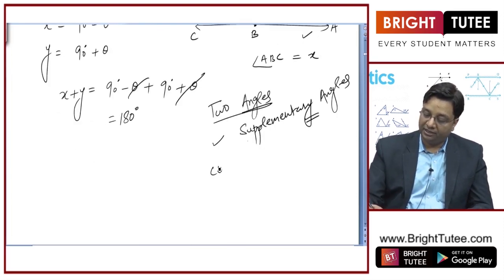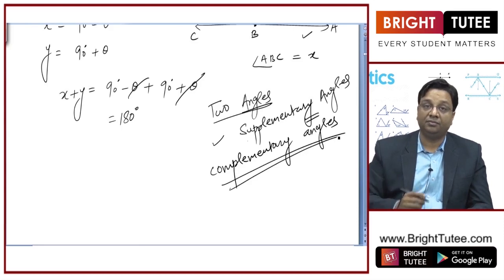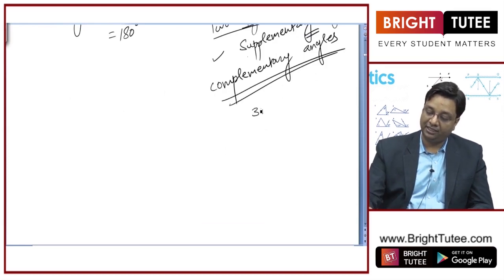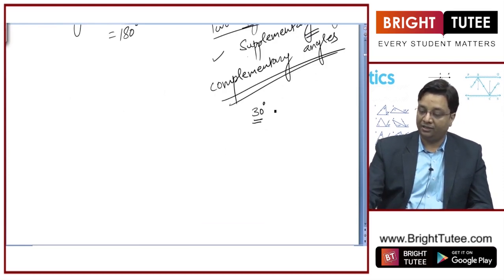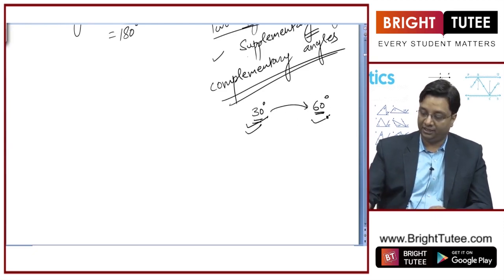Another type of angles can be defined as complementary angles. What are complementary angles? If the sum of two angles is 90 degrees, then these are complementary angles. So if I say one angle is 30 degrees, you will say that 60 degrees is a complementary angle to 30 degrees, and this is complementary to this because their sum is 90 degrees.